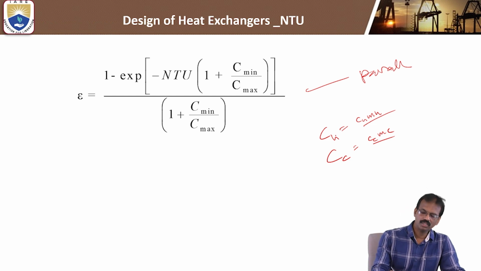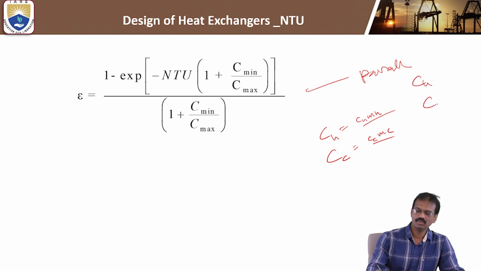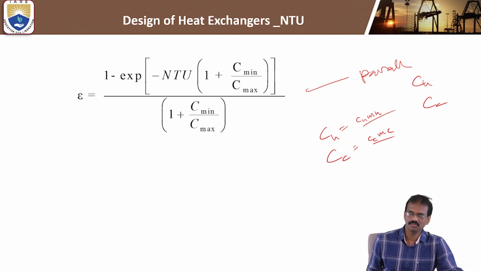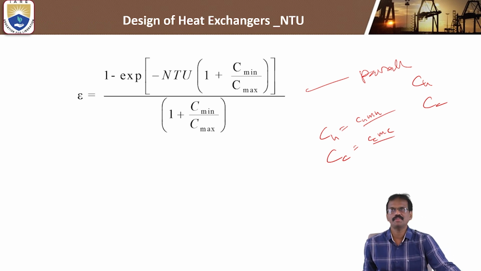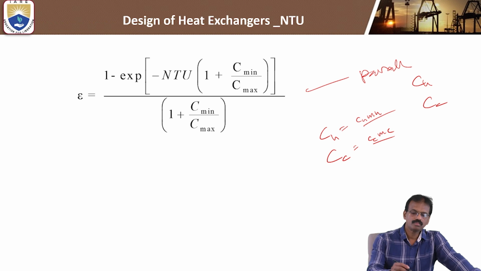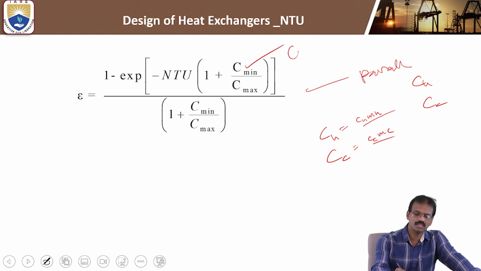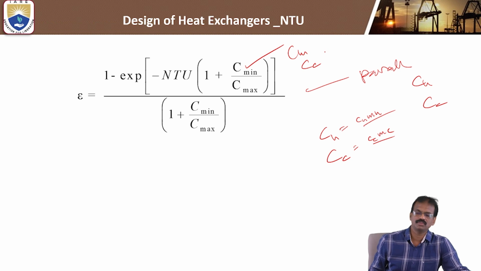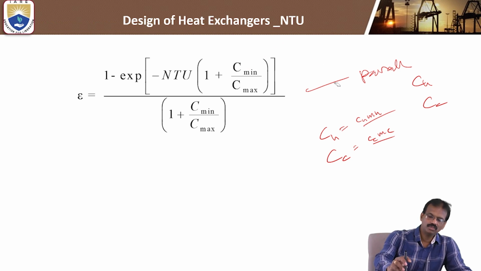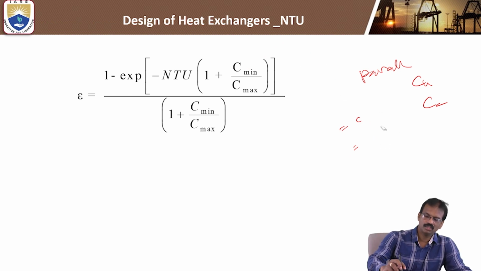Then you find C_h and C_c and compare them: whichever is minimum will be C minimum, and whichever is maximum will be C max. Sometimes C_h is the C minimum, sometimes C_c is the C minimum, so it is taken based on the values provided.